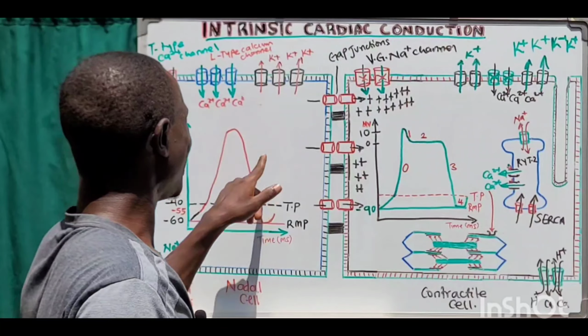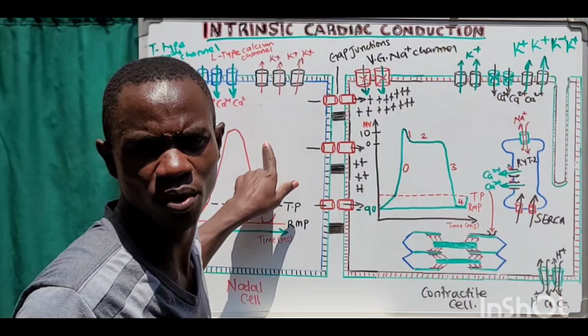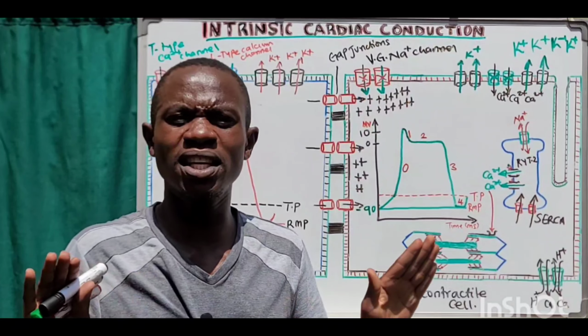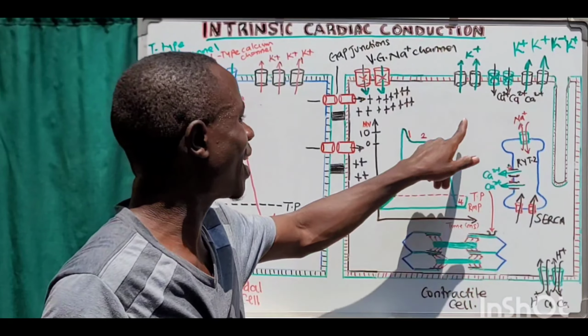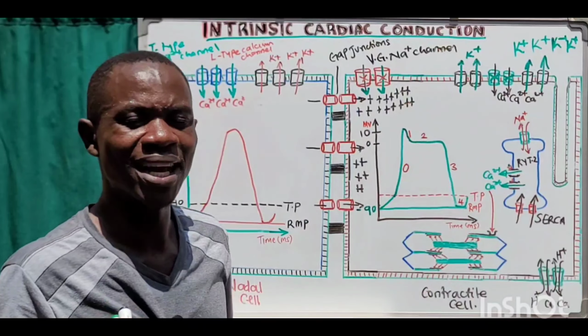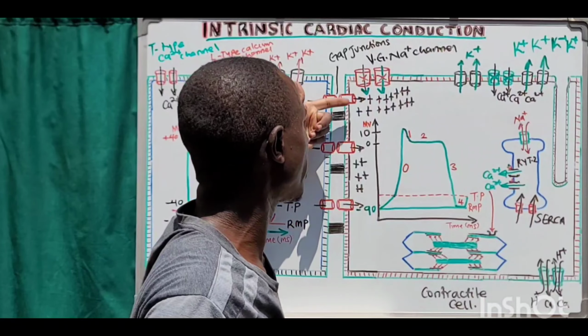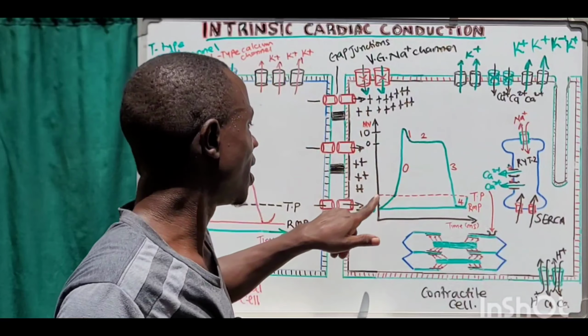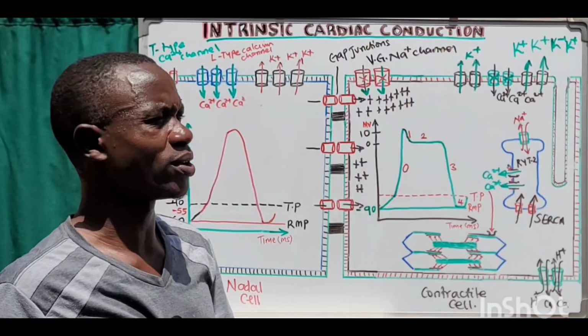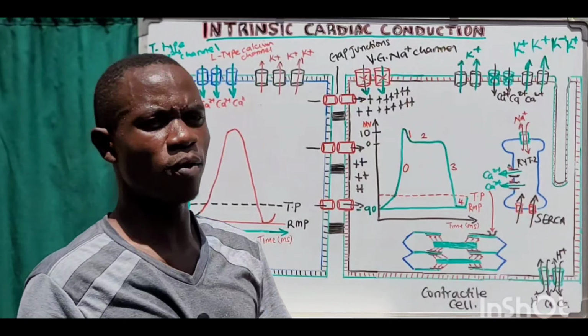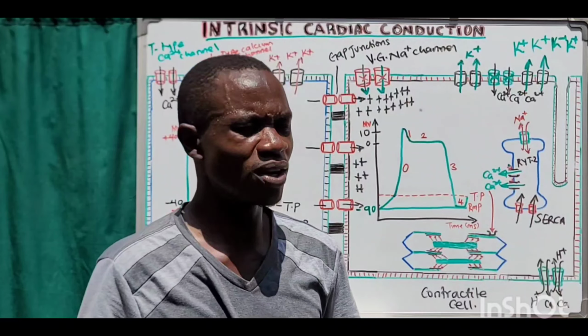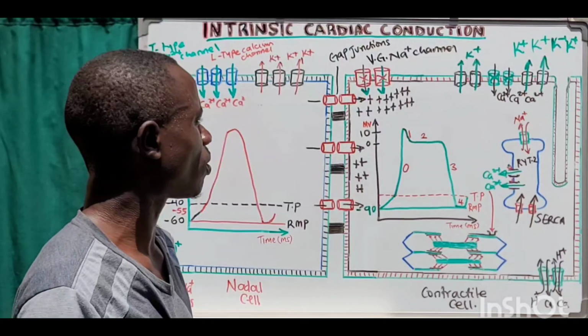And another thing is that this cell does not need any stimulus. It automatically depolarizes on its own. But this cell here needs a stimulus, and of course the stimulus was the movement of the calcium ion through the gap junction that moved the resting membrane potential towards threshold, which leads to the opening of voltage-gated sodium channels. Okay, so all that makes a lot of sense.